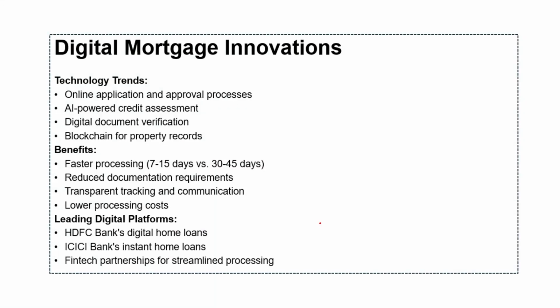So, a lot of mortgage institutions are now making this process online. Then blockchain is also coming for security purposes for property records, and it's very good for safety and security.